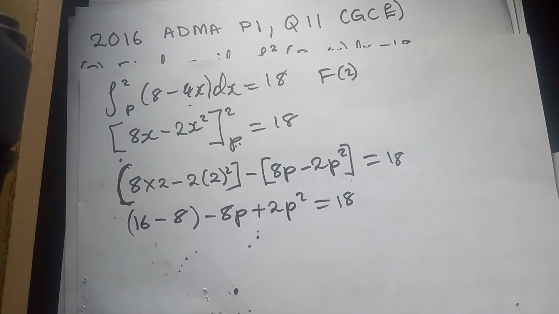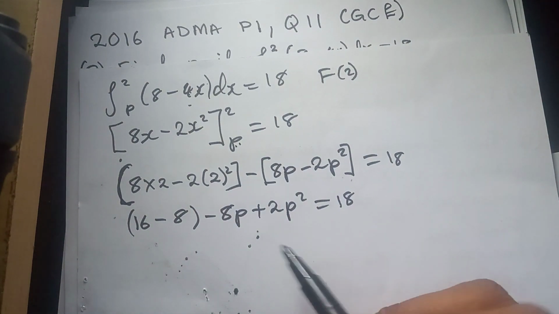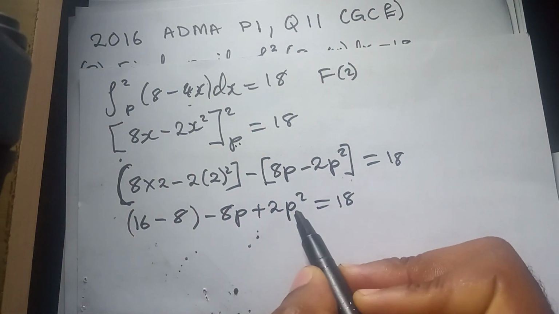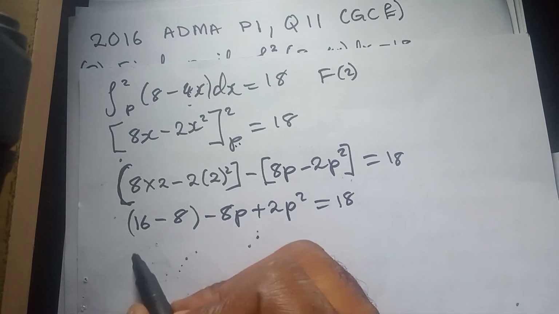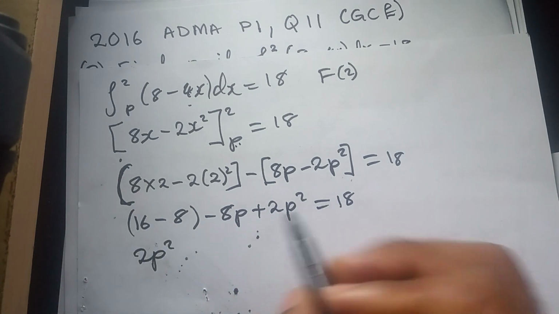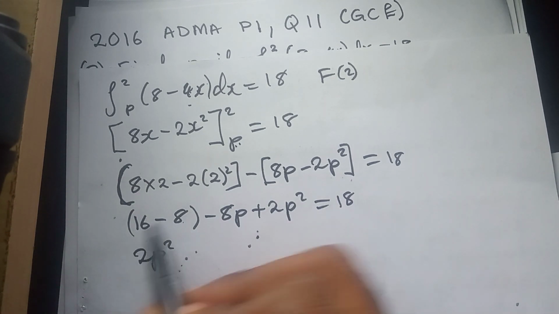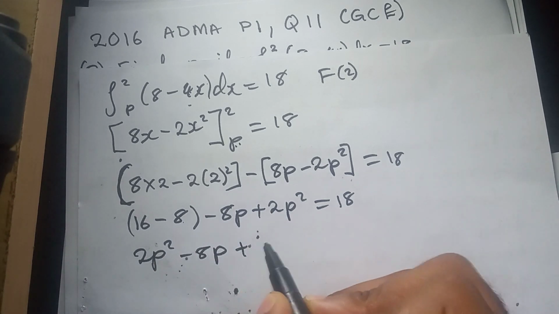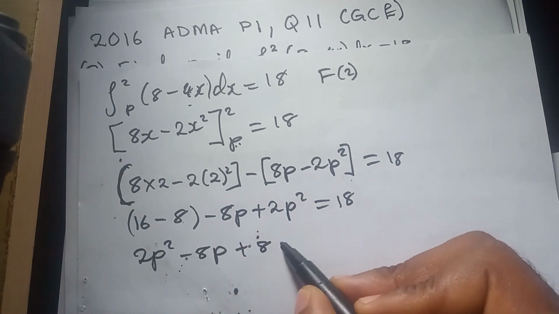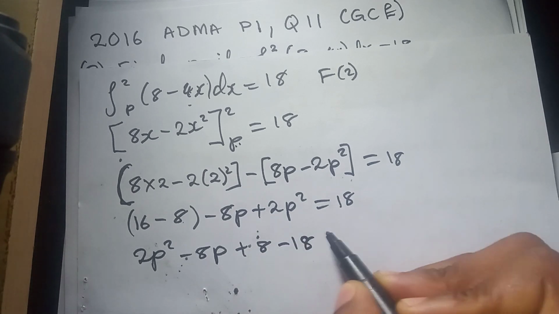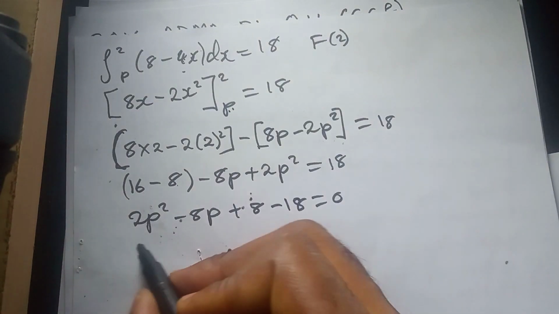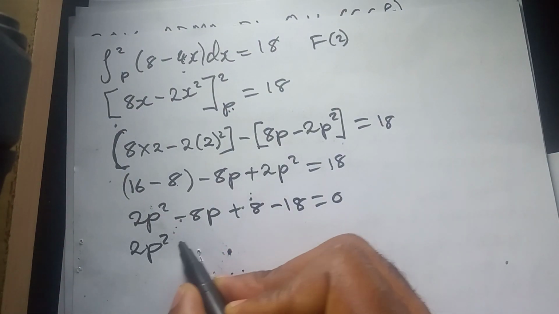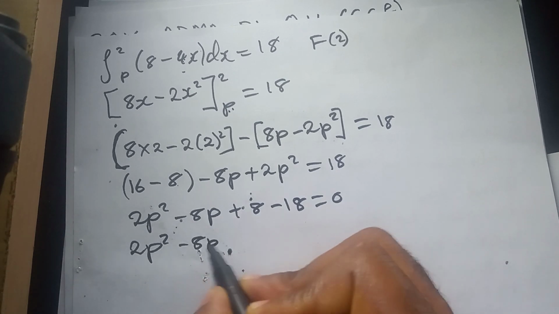So this looks like a quadratic equation. So we can start with 2p squared here. This minus this will simply be an 8. So we can put our 8 here, bring the 18 this side, we have negative 18. Then you have 2p squared minus 8p.